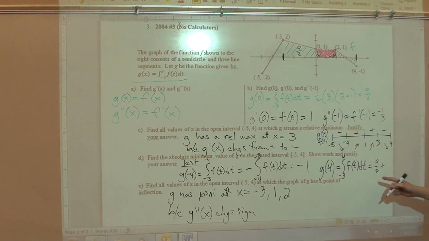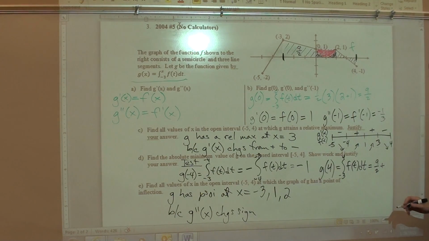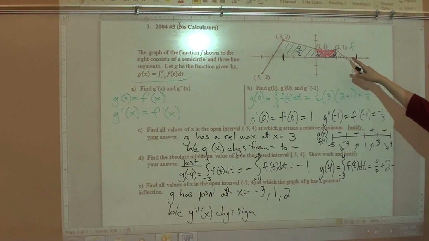Okay. So this is 9/2 plus, what's the area of the rectangle? 2. Good, be confident. Okay, minus the area of the semicircle, pi r squared. What's r? 1, right? So the area of the entire circle would be pi.